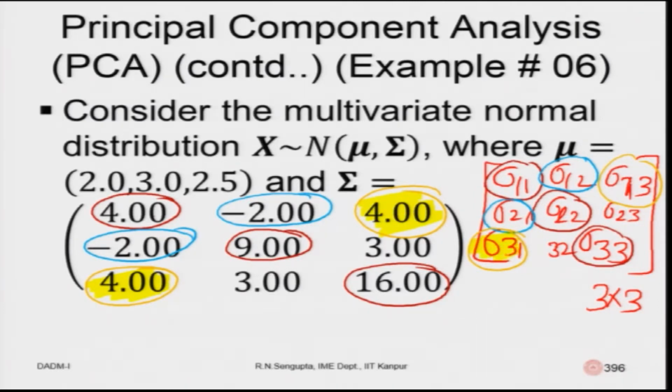I am sorry I am repeating it, just please try to understand. These are the values for the covariance of first to third, third to first. Again I will basically remove it.